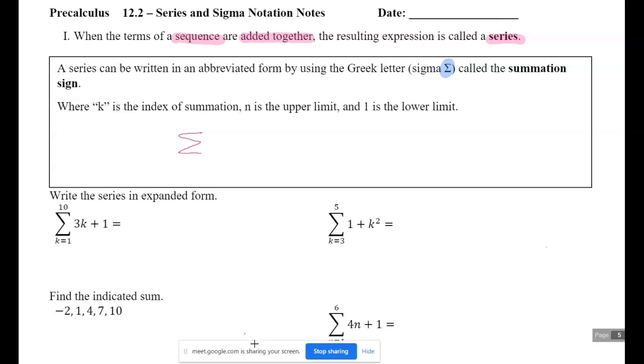So we're adding a certain number of terms in our sequence, terms number 1 through whatever. The bottom number of terms, so say we're starting on term number 1, you would put some variable, sometimes k, is equal to 1. So that means we're starting with term 1, and we're adding all the way up to whatever number is on the top of the sigma. So in this case, n. N is the upper limit, and 1 is the lower limit.